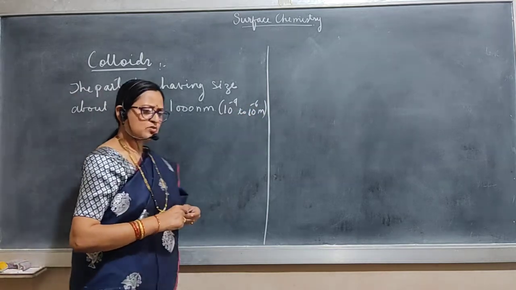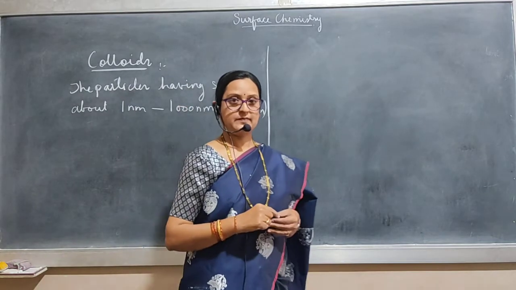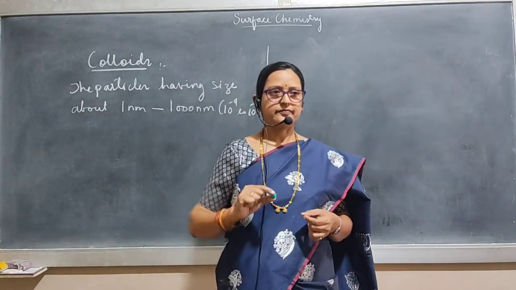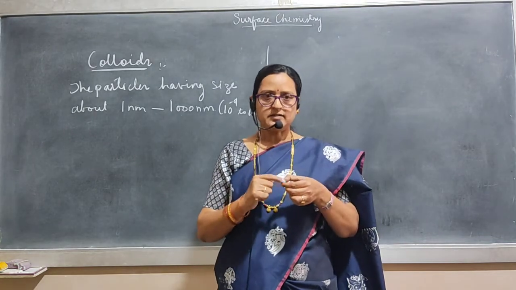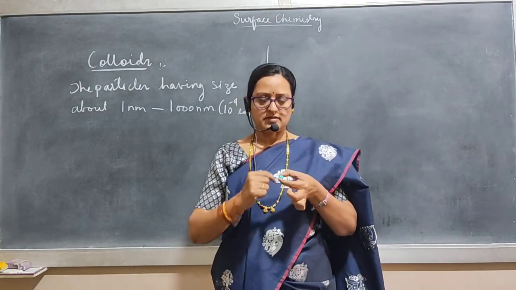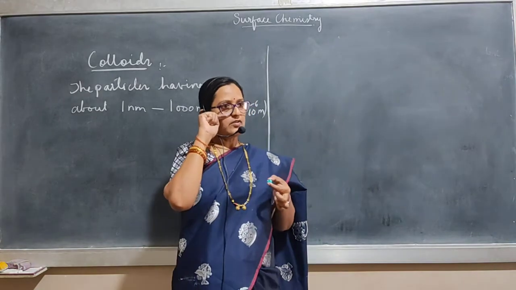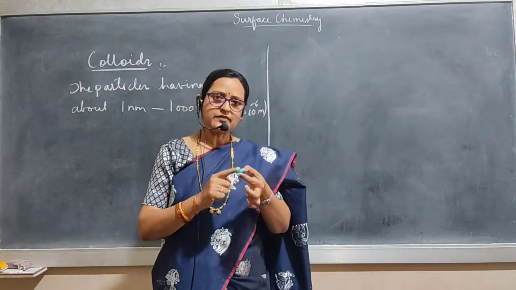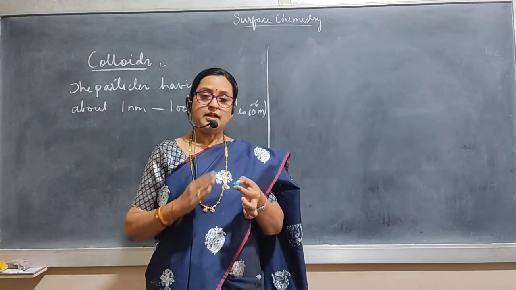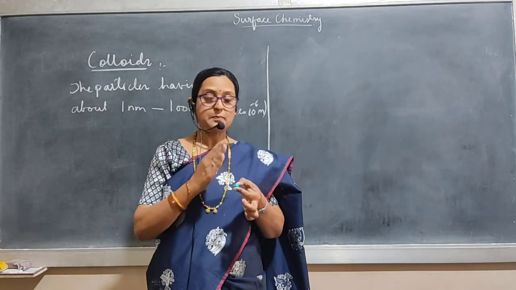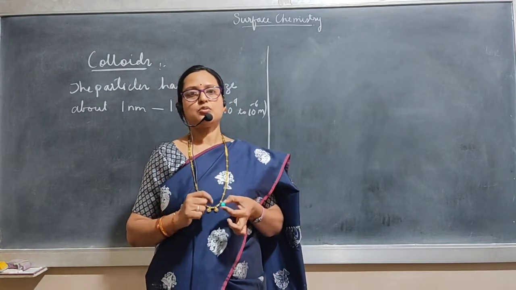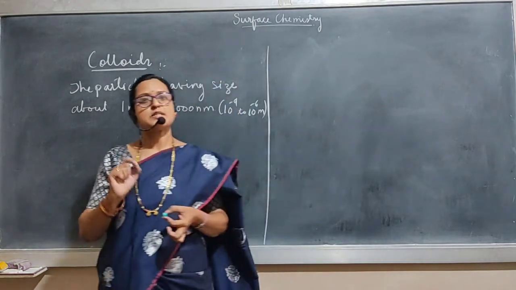Let us see actually how small this is. I have a cube of 1 centimeter. The surface area will be about 6 centimeters square. If I divide this cube into 10 power of 12 parts, then those cubes are equal to the larger colloidal size particle.